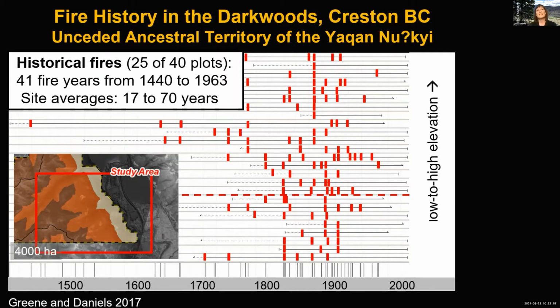In this particular study area, 25 out of 40 of our plots actually had fire scars in them, and that was across this elevation range from low to high, as you can see. There were 41 fire years reconstructed from 1440 to the mid-1960s, and for each of these sites, the average return interval from fire to fire was 17 to 70 years.